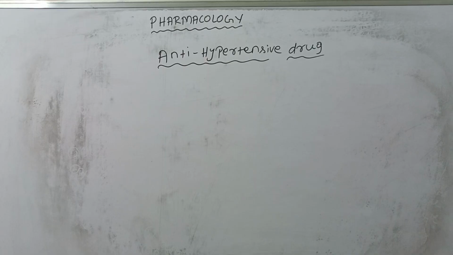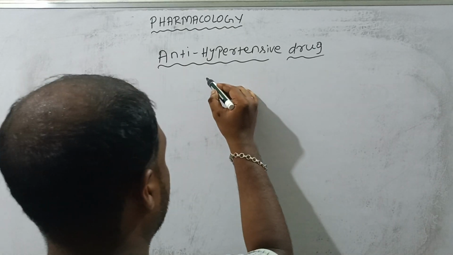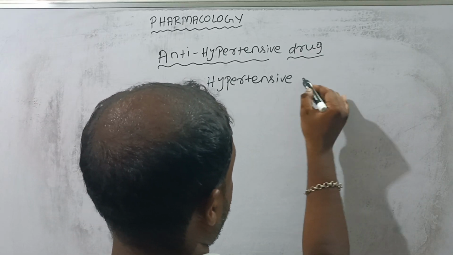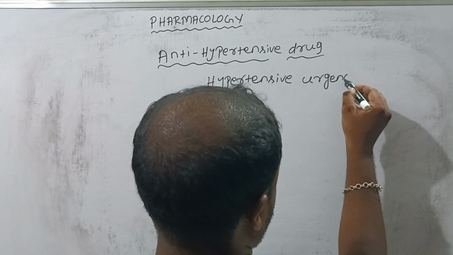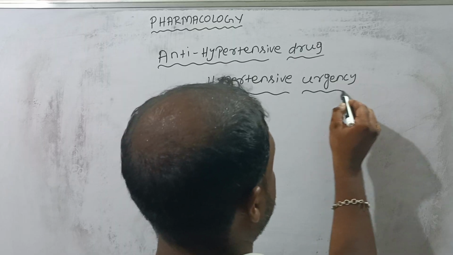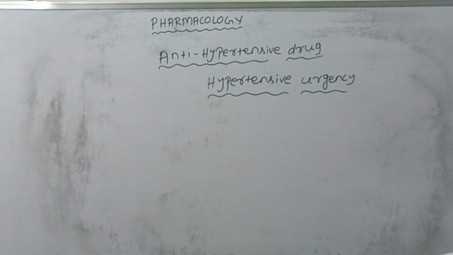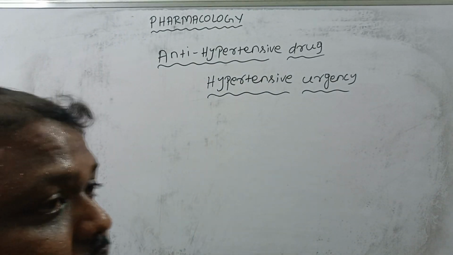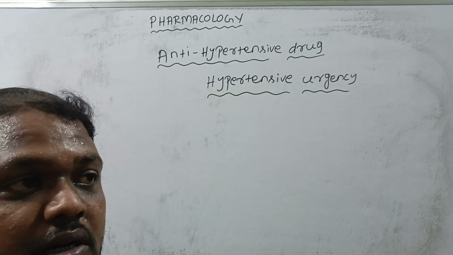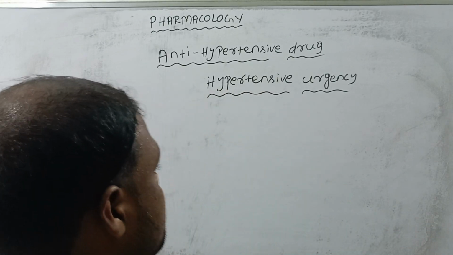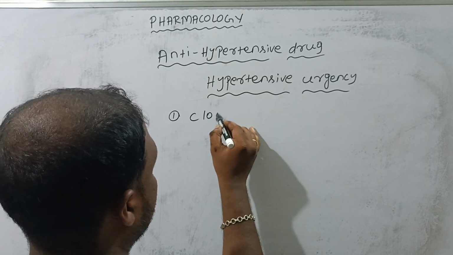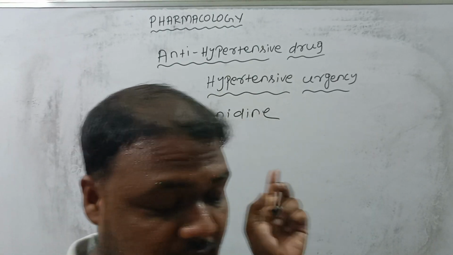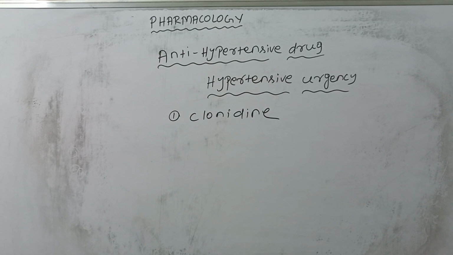Then hypertensive urgency. Hypertensive urgency means the BP rises very high. In hypertensive urgency, the first drug of choice is clonidine.